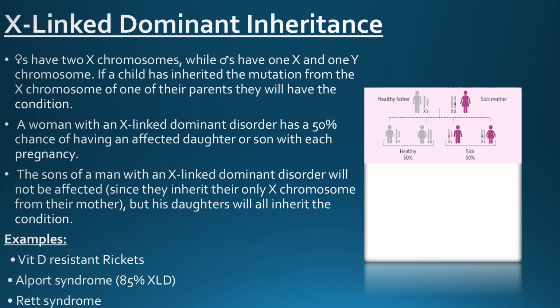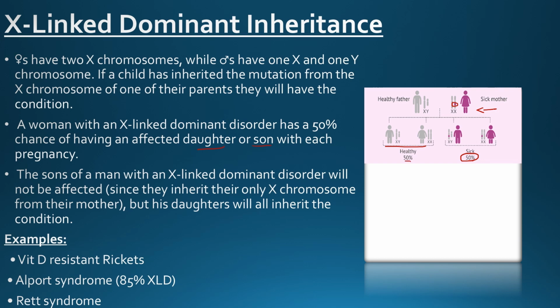So a woman with the X-linked dominant disorder has a 50% chance of having an affected daughter or son with each pregnancy. As shown over here, the mother has only one affected or mutated gene, and this results in 50% of her children being affected, and the remaining 50% are healthy.